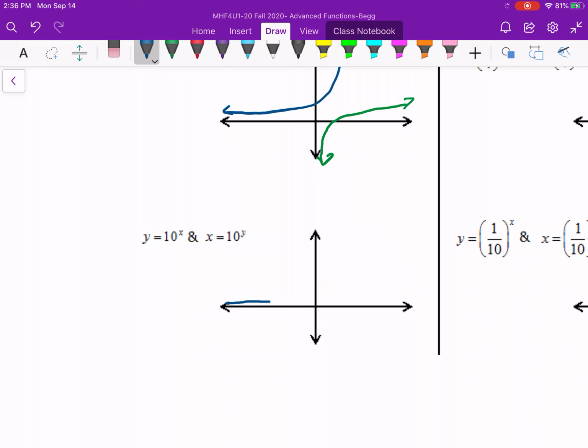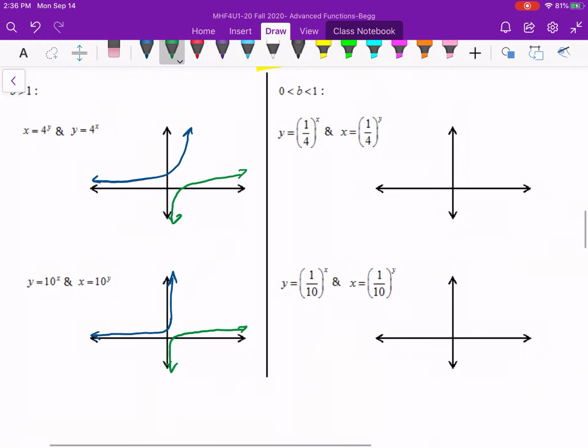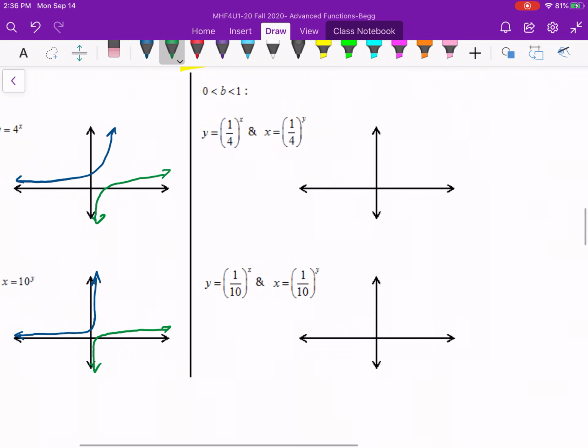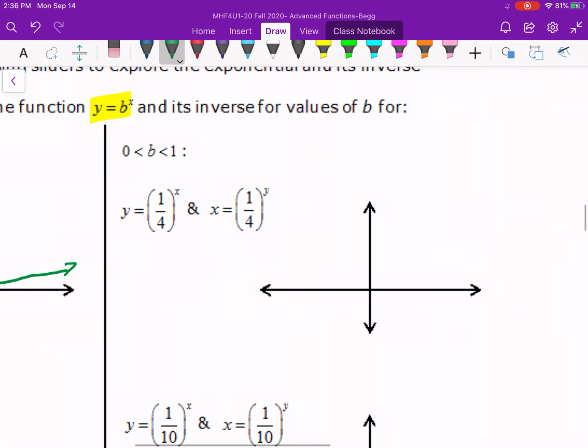So it's got more of a sharp edge to it, sharp corner to it. And that's only because if the base is 10, it's going to grow faster. Okay, so there's that one. Same shape, different steepness.